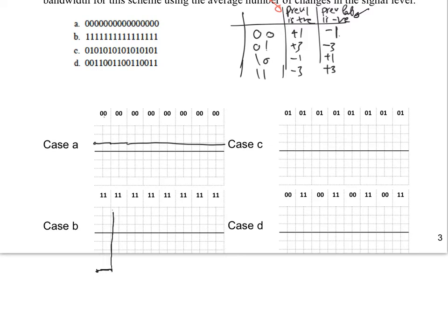And now we are positive, so we have to look at the first column, when the previous level is positive. So it goes to -3, and then +3, and then -3, and then +3, and then -3, and then +3.